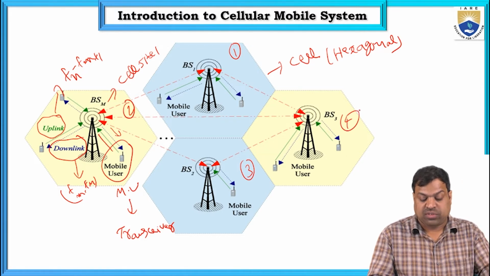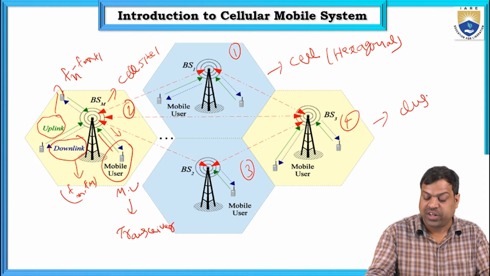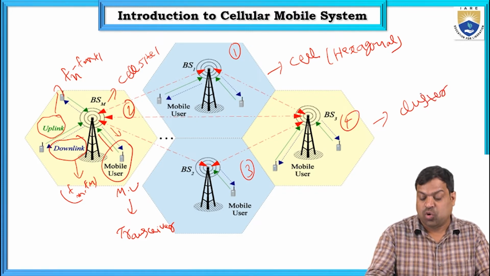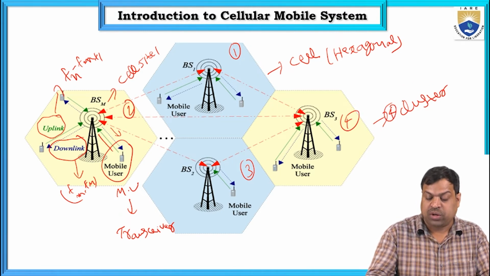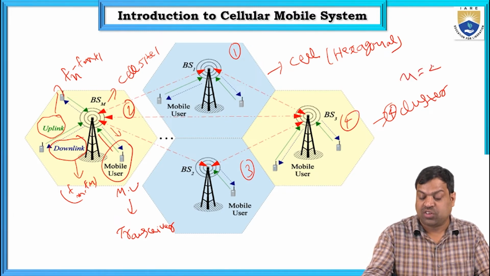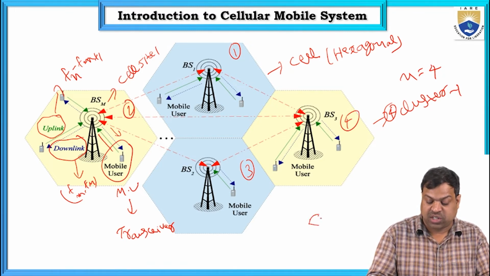If all 4 cells are there, I'm taking them as one cluster, if needed, not mandatory. What does a cluster mean? I'm taking N equal to 4. It is one cluster, cluster 1. Suppose I take another cluster, I will take another 4 cells.